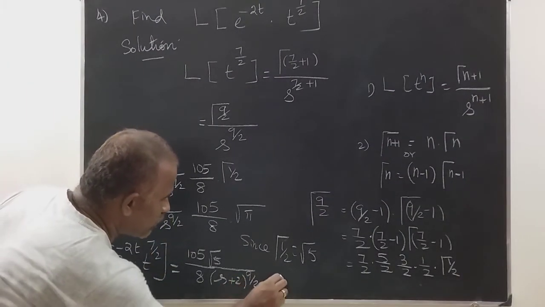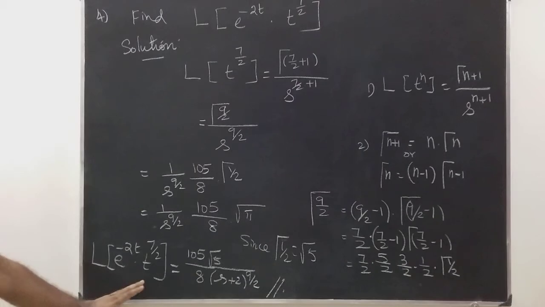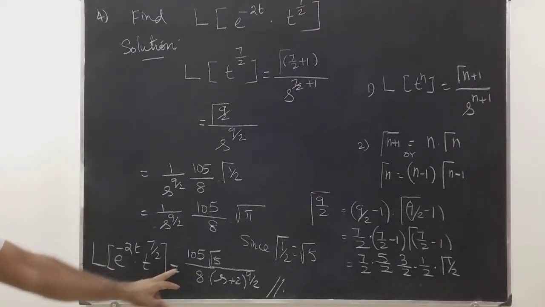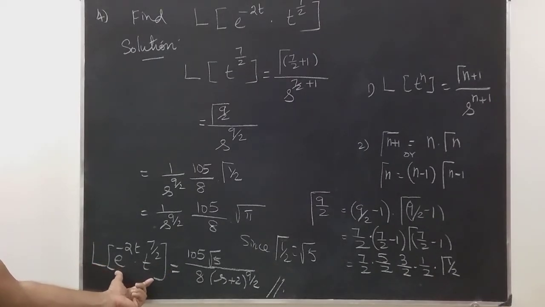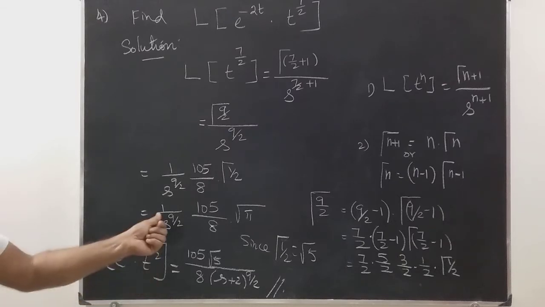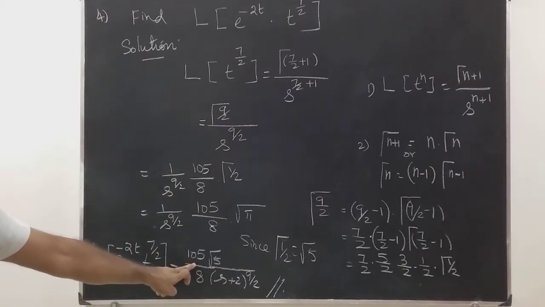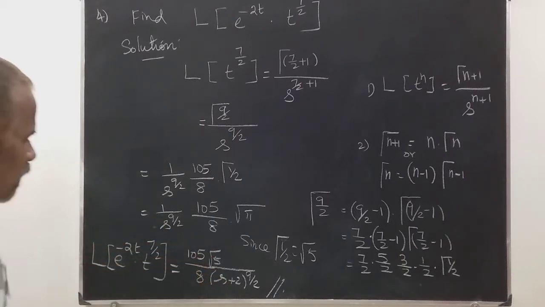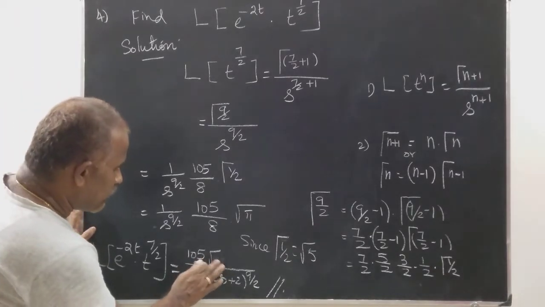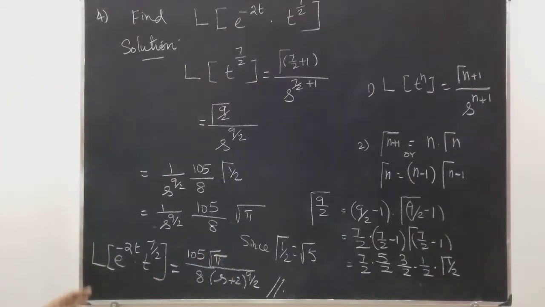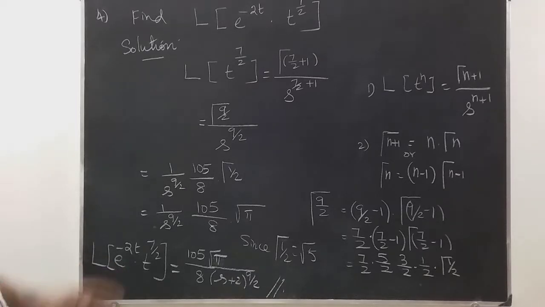Therefore the required answer for the Laplace transformation of e power minus 2t into t power 7 by 2 is equal to 105 into square root of pi divided by 8 into s plus 2 whole power 9 by 2. Okay.